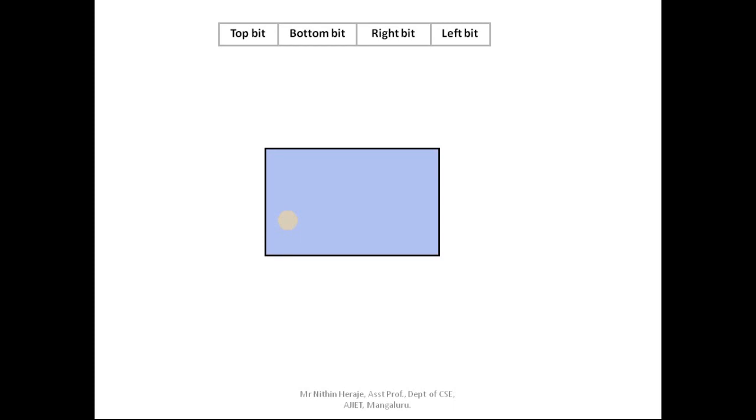For the portions belonging to the left side of the clipping window, we set the left bit as 1. For the portion belonging to the right side, we set the right bit as 1, and so on. We'll see it one by one how it goes.